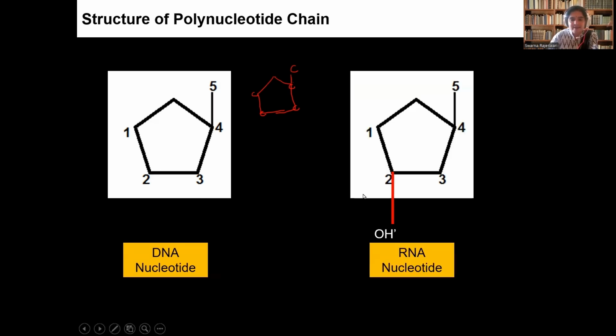See here we are finding the difference. In the case of RNA, OH is present at the second carbon, whereas in the case of DNA, one oxygen is less, so we are calling it deoxy. Here only H will be present; there OH is present. As one oxygen is less in the second carbon, we are calling it deoxyribonucleotide.